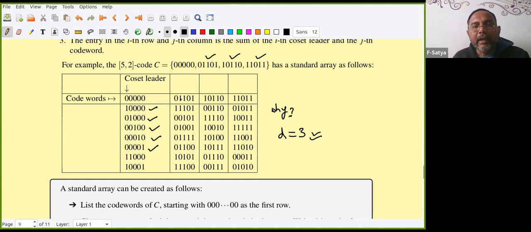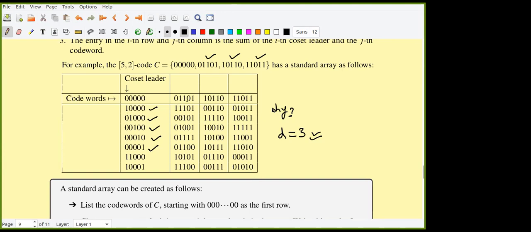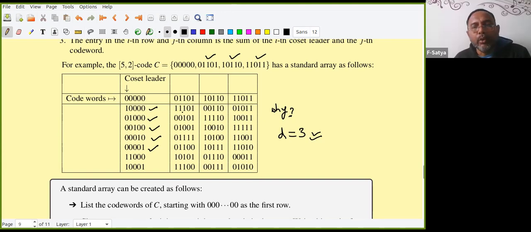The weight is reduced by at most 1. So the distance is still 2. Now all these vectors have weight at least 2. So except this vector, the remaining vectors have at least 2 ones. I hope I explained it, but I will not go further.